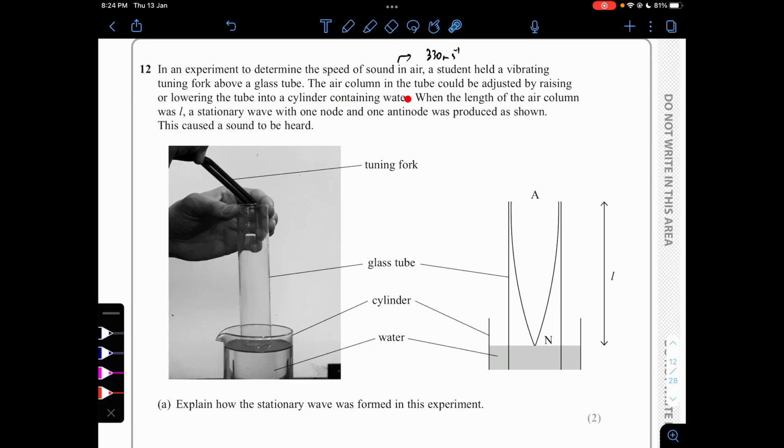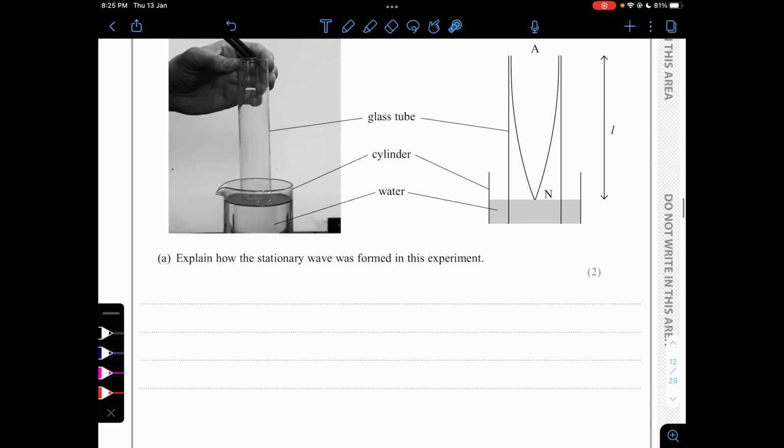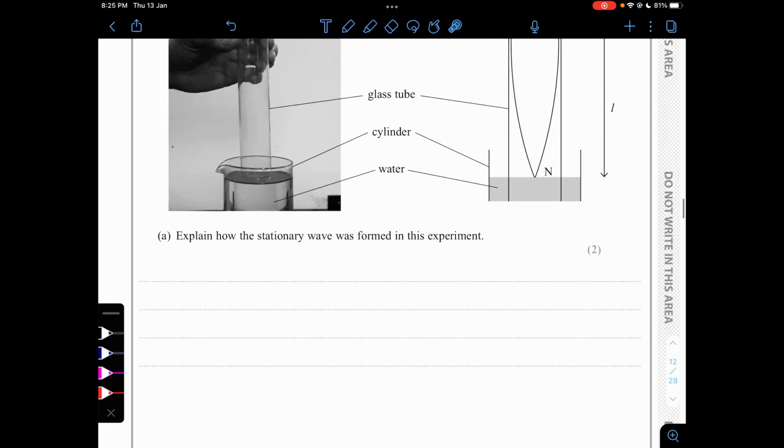The air column in the tube could be adjusted by raising or lowering the tube into a cylinder containing water. When the length of air column was L, a stationary wave with 1 node and 1 antinode was produced. So 1 antinode, 1 node. This caused the sound to be heard. Explain how stationary waves were formed in this experiment.